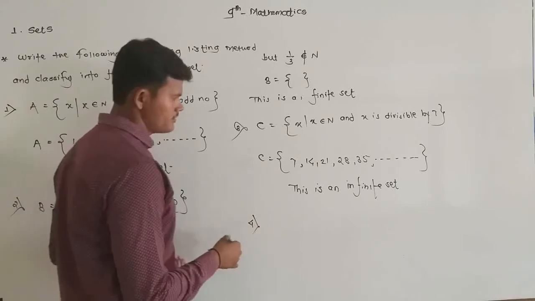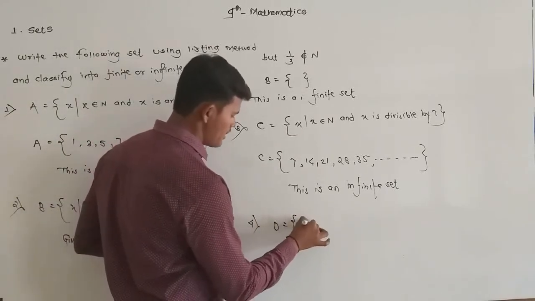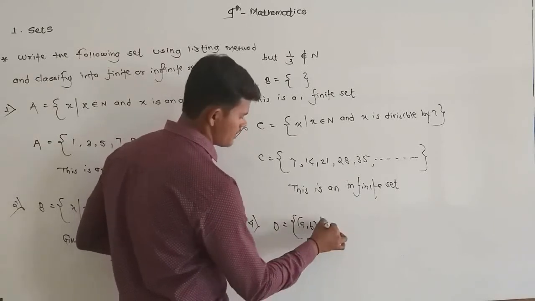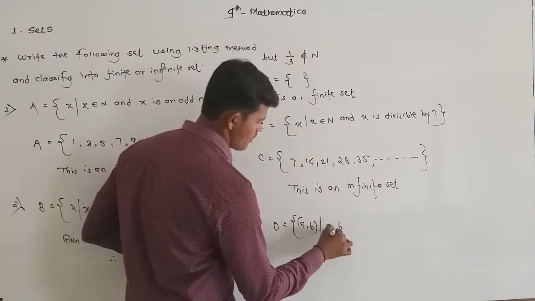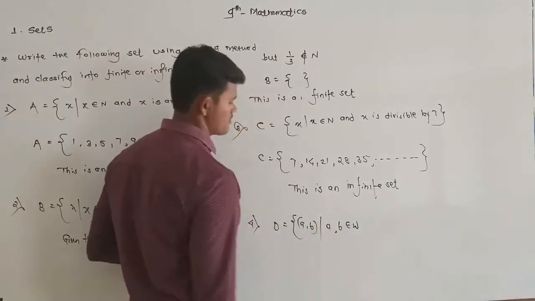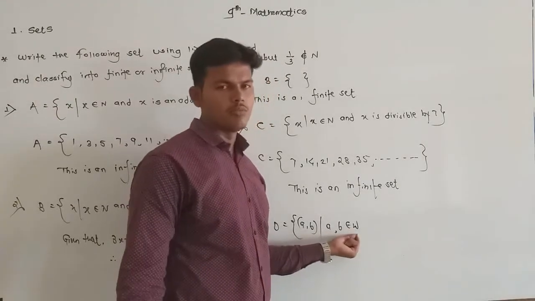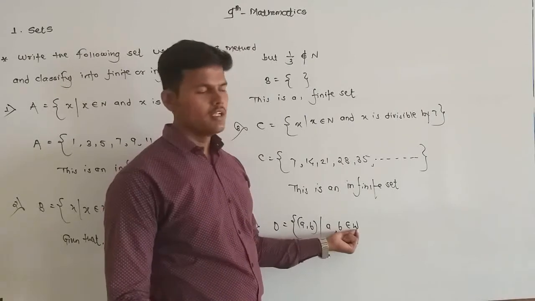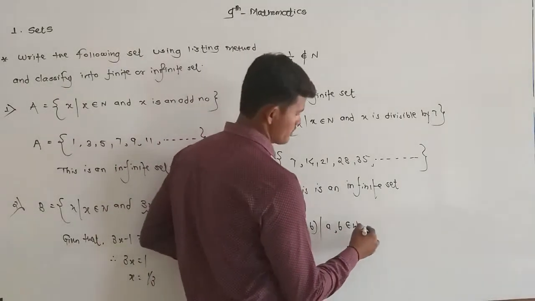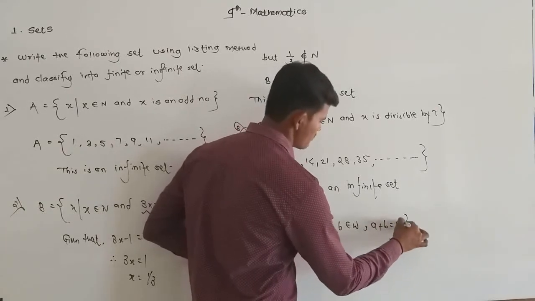Example number 4: set D is the set of all A and B such that A and B belong to whole numbers. That means the values of A and B must be whole numbers. As we know, whole numbers start from 0 and the remaining are all natural numbers, and it satisfies the condition A plus B is equal to 9.